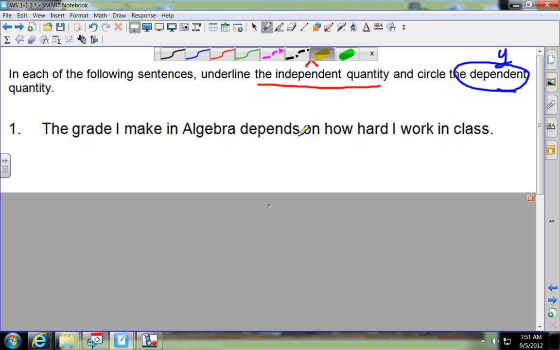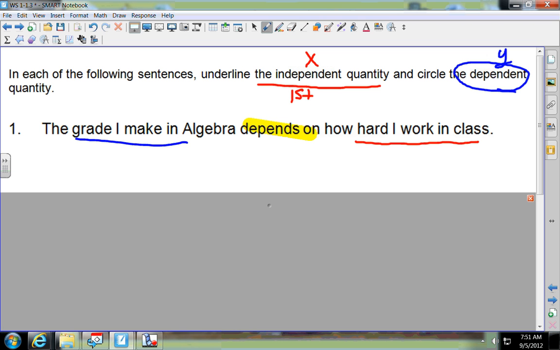Okay, depends on, there's my phrase. So here are my two quantities. Remember, the independent is what has to happen first. What do you have to do first? You have to work, yeah. So we're going to underline how hard I work in class. The dependent is the grade. That's your end result. Okay?